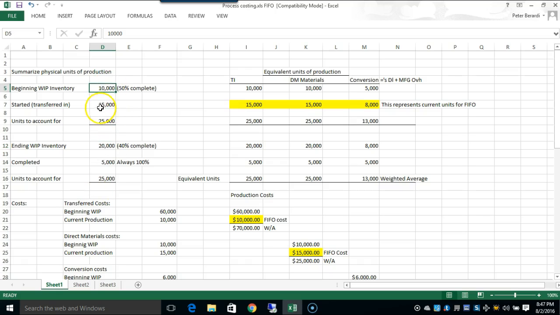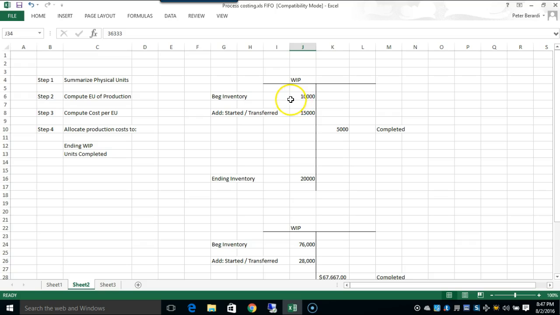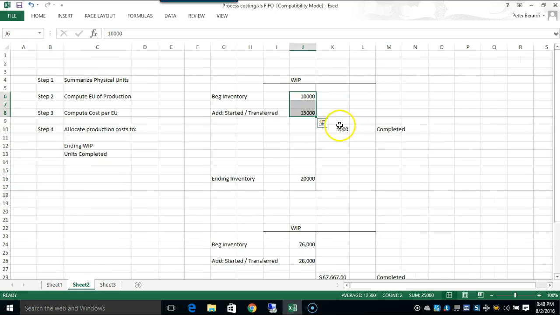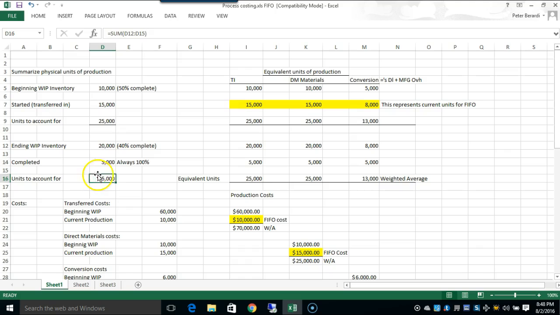So beginning WIP plus started equals units to account for. That's the debit side of your T account, which is right here. Ending WIP plus completed is the remaining part of your WIP account. So units to account for on the bottom have to equal units to account for on the top.